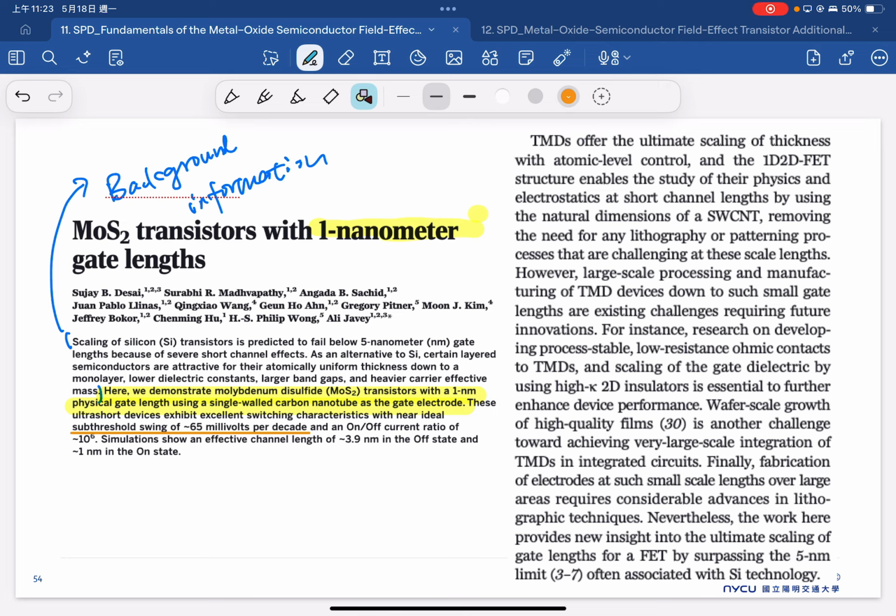That's what we already mentioned previously, and also the on-off current ratio up to 10 to the 6, six orders.